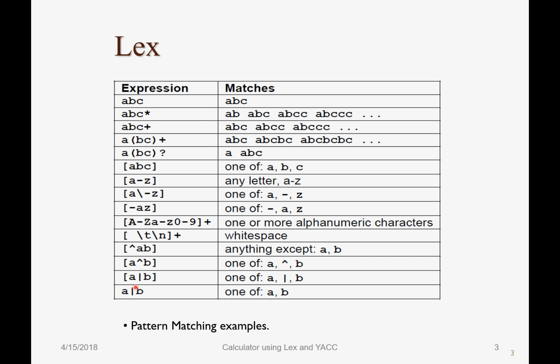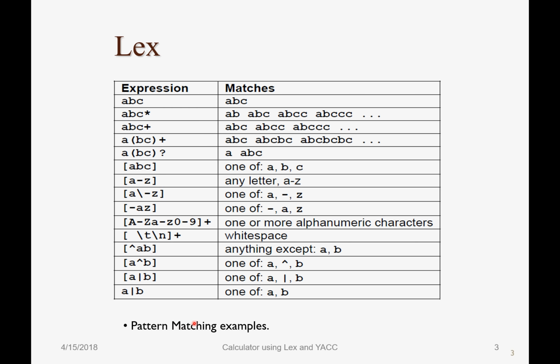Then the meaning of this is A or B, any one of them. We can take A or B. So these are the examples for the expressions. So these are the patterns.